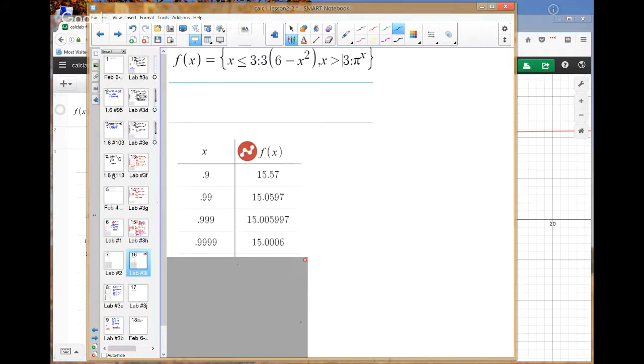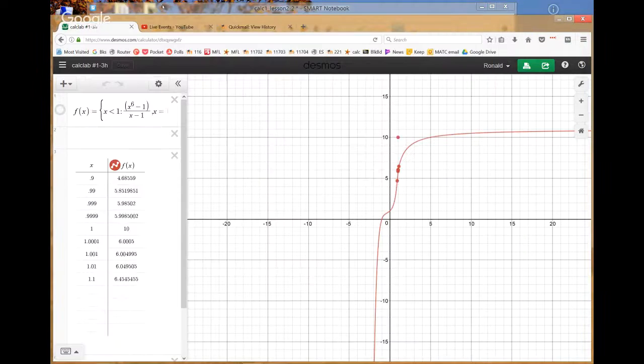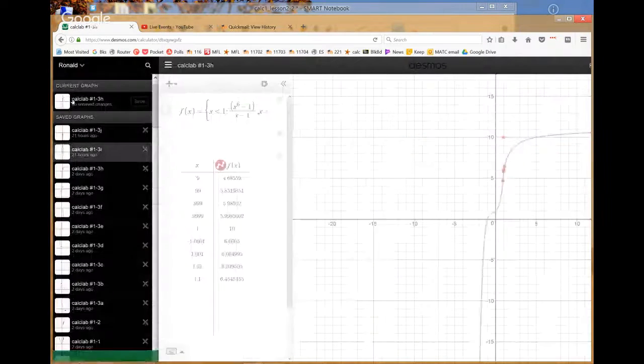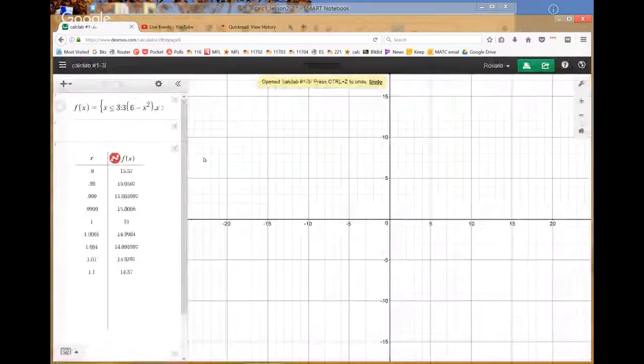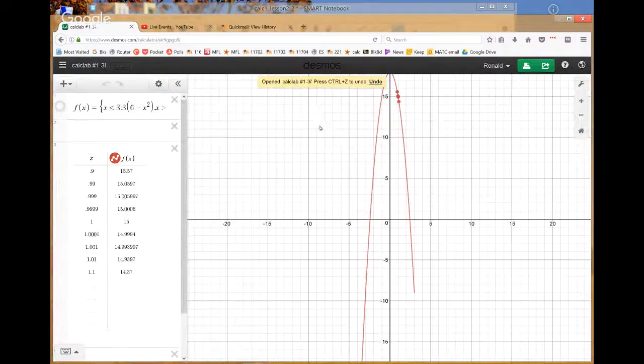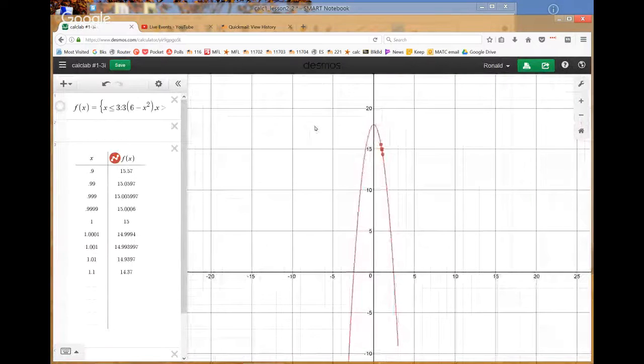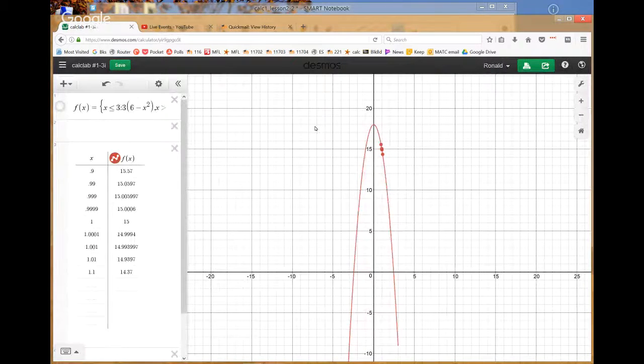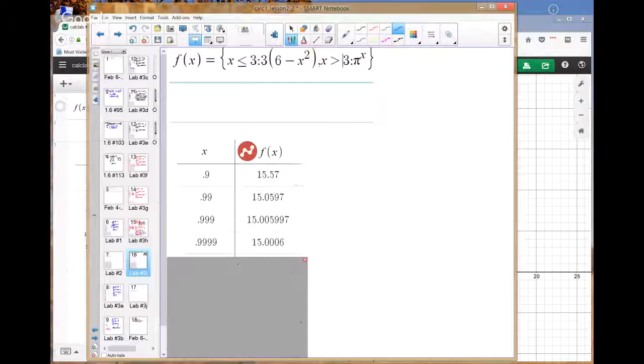Okay, next, I. Let's see if we can load that one up here. Again, I'm not sure you can really get a full view of what's going on here, so let me try to rewrite this. This is a piecewise function again, in two pieces.